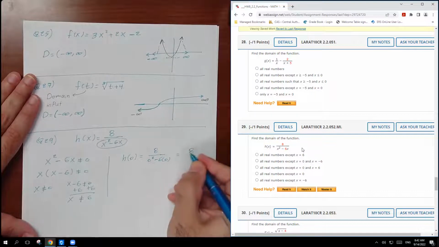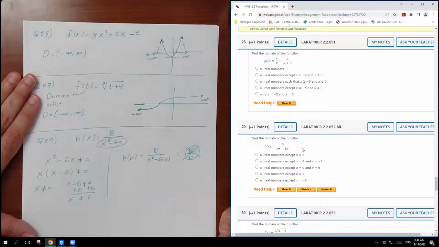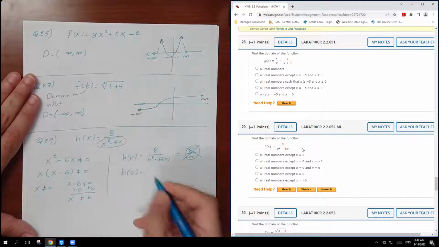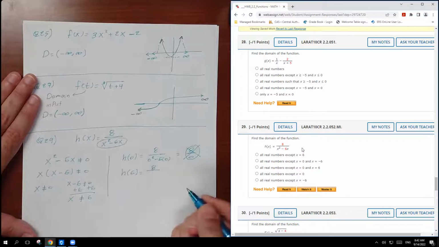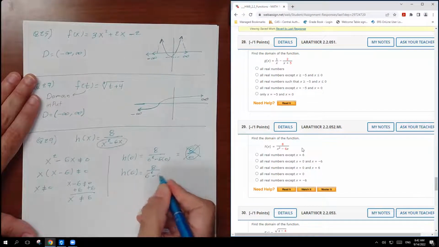So it's going to be 8 over 0. Any number divided by 0 is undefined. That's why we can't choose the 0. Now let's plug in the 6. h of 6 is going to be 8 over 6 squared minus 6 times 6.